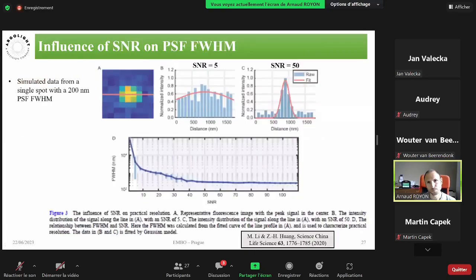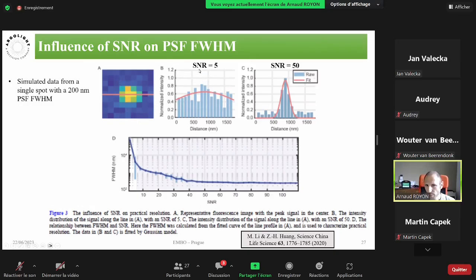If we take a careful look at the influence of signal-to-noise ratio on the PSF full width at half maximum, we can read this paper from Li and Wang. They simulated data from a single spot with a 200 nanometer PSF full width at half maximum, and they simulated this PSF with different signal-to-noise ratios in the image.